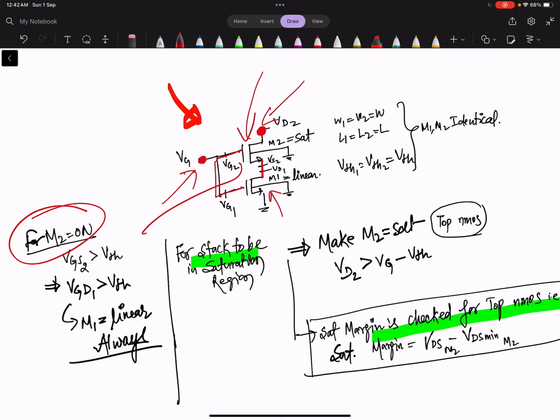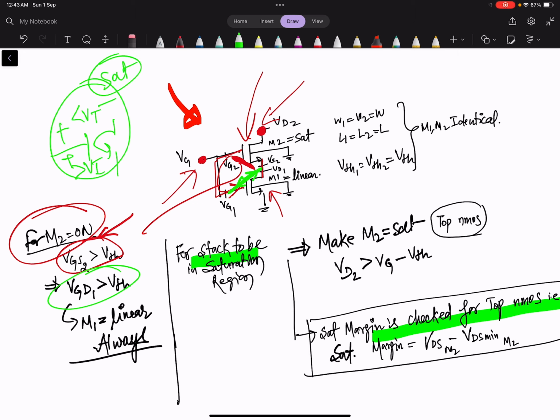Okay, when it is on, the requirement is VGS2, this voltage, has to be greater than VT, or this is the same as this. So this voltage VGD is also greater than VT, and we saw just before that for a MOSFET this voltage should be greater than VT and this voltage should be less than VT for saturation.